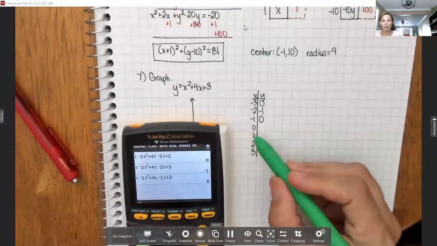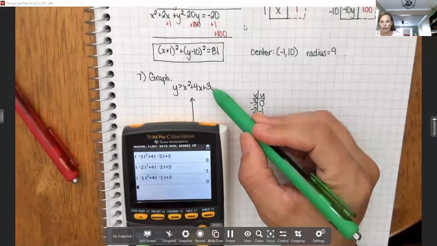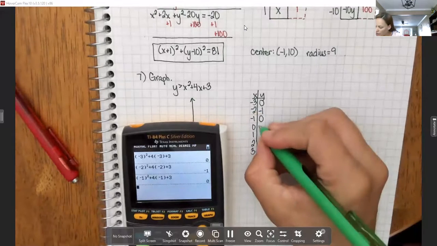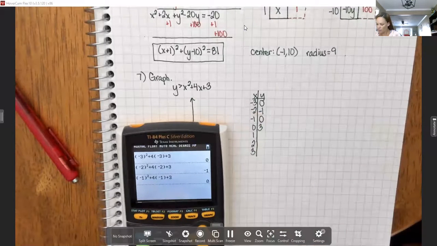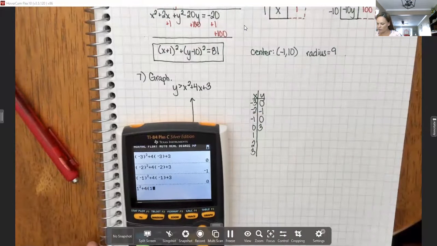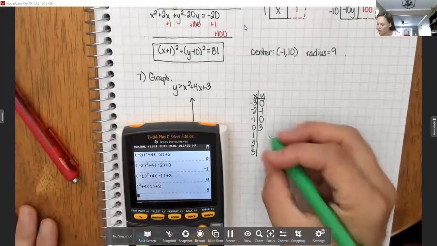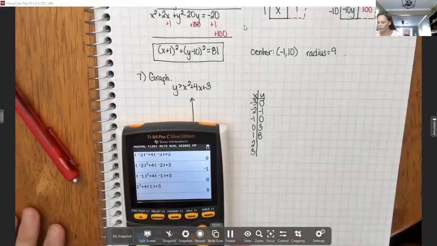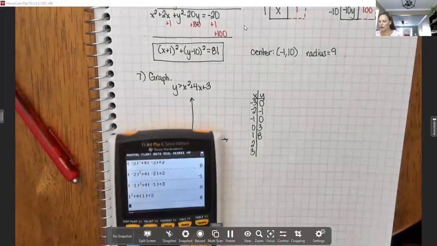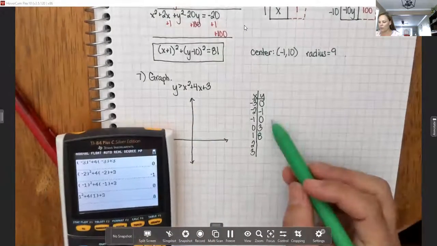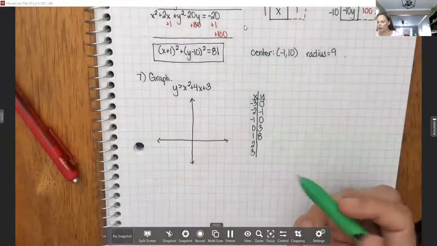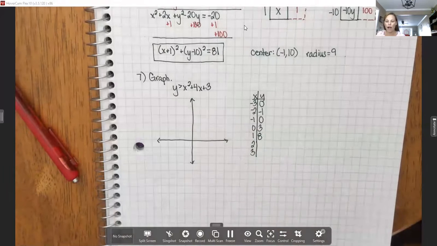I should know when I plug in 0, I'm going to get 3 because that's my y-intercept. 1 squared plus 4 times 1 plus 3, I get 8. We can keep going, but I'm not going to. That's already not going to fit on my graph.